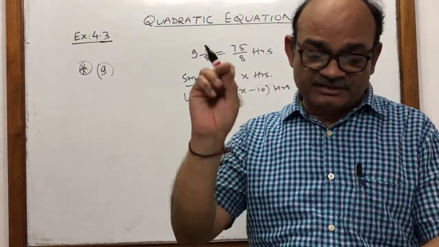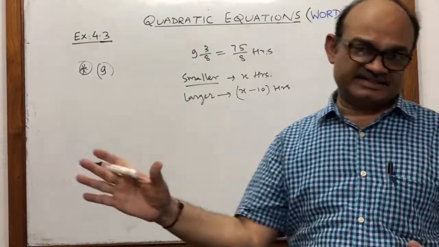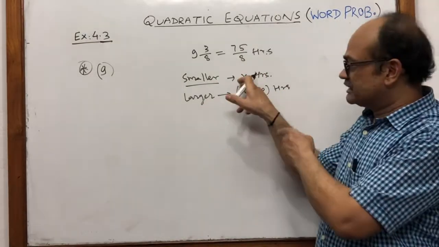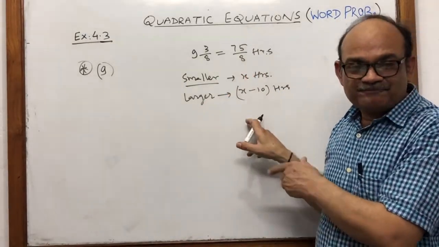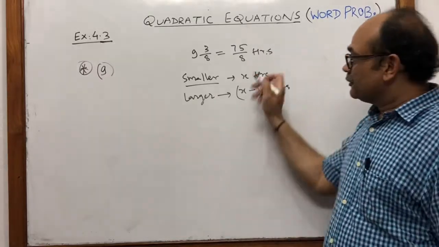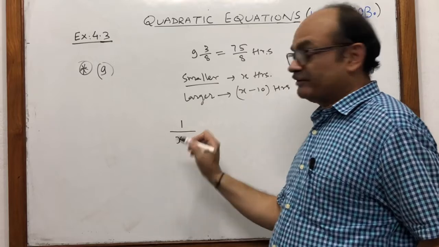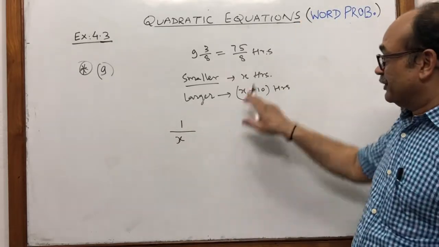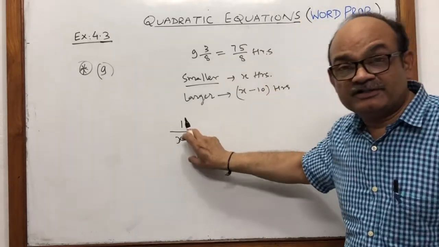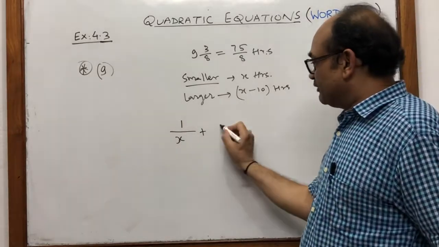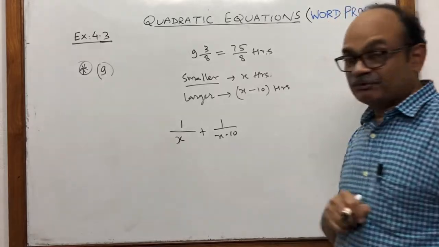If one is filling in 10 hours, then the other in 0 hours; if one is filling in 20 hours, then this one in 10 hours. Time and work always start with 1 day work. So in 1 hour it will fill 1 by x portion of the tank. The other will fill 1 by x minus 10 portion.